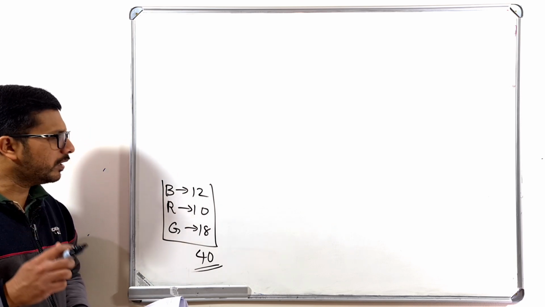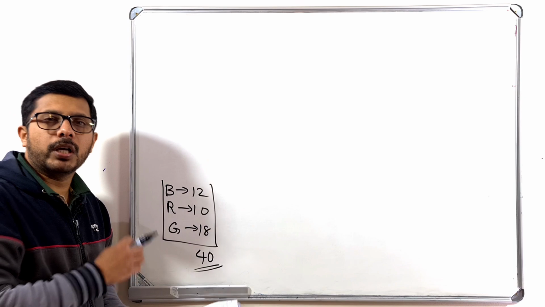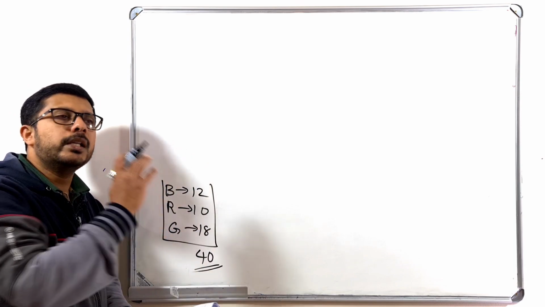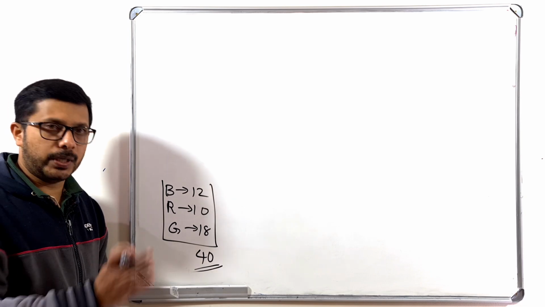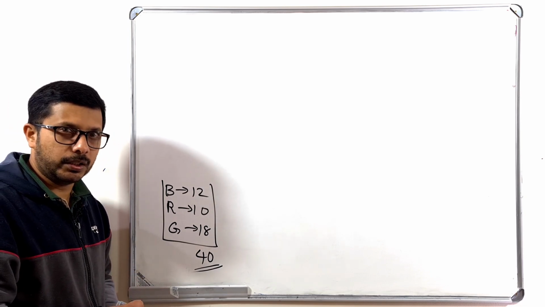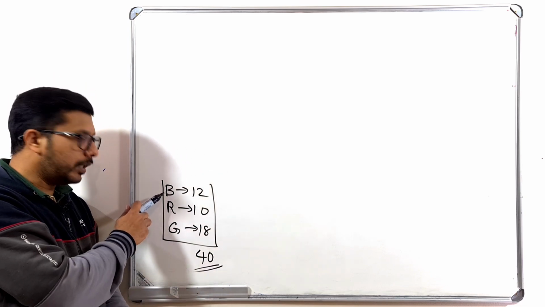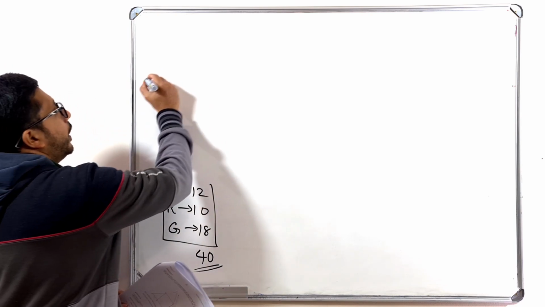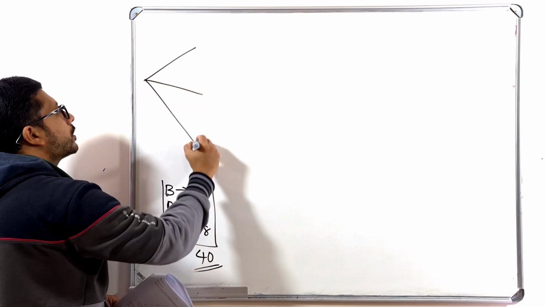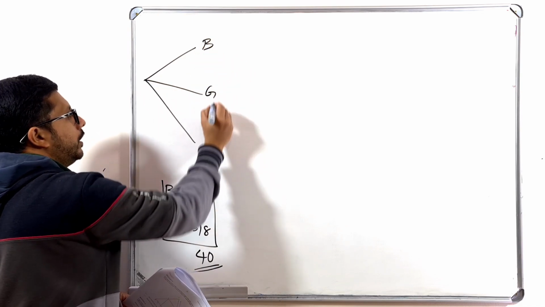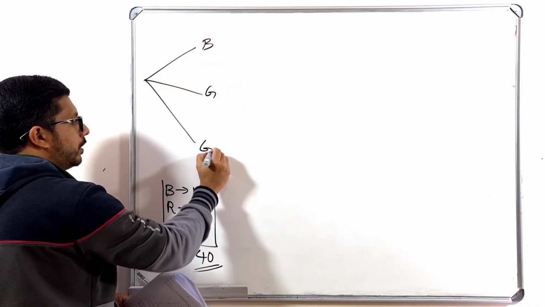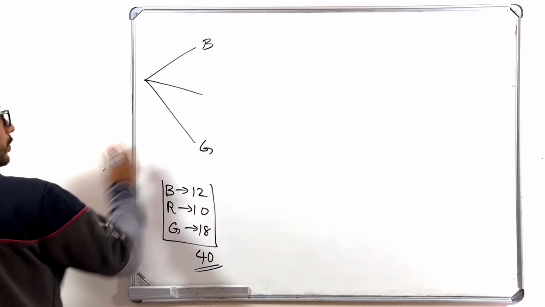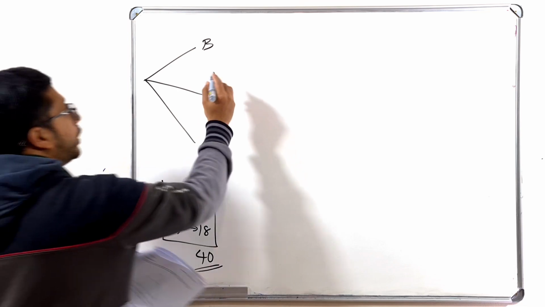Listen very carefully. Before we go to that first question, when you have this type of question, it is better to draw a diagram based on the given information. There are 3 colours: blue, red, green. So let me draw it here.